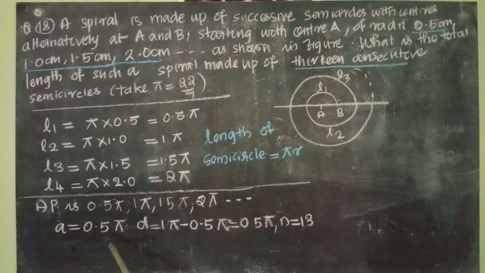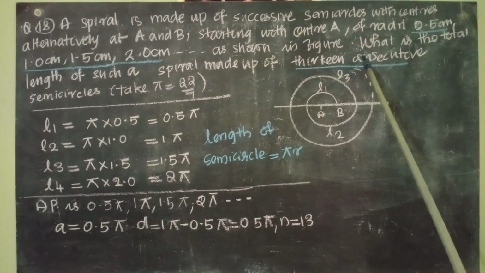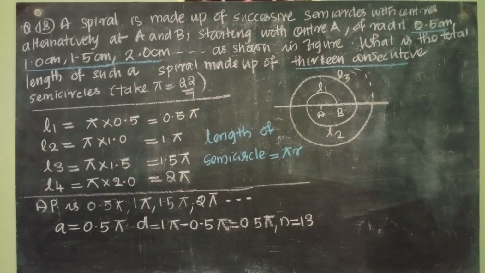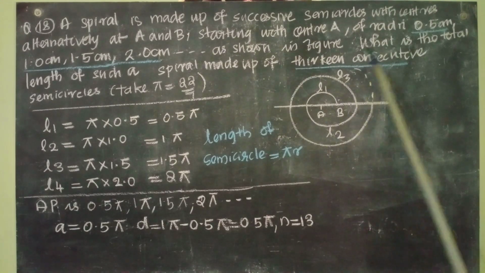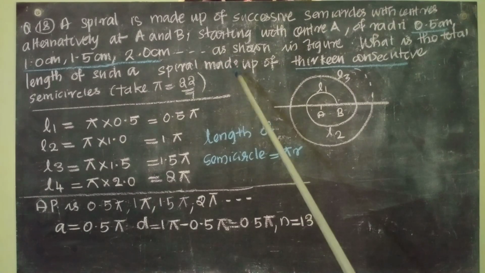So a equal to 0.5 pi, the first term. d equal to second term minus first term, that is 1 pi minus 0.5 pi, which is equal to 0.5 pi. n equal to 13 because in the question it is given there are 13 consecutive semicircles. Now let us find the sum because the question asks for the total length of the spiral.